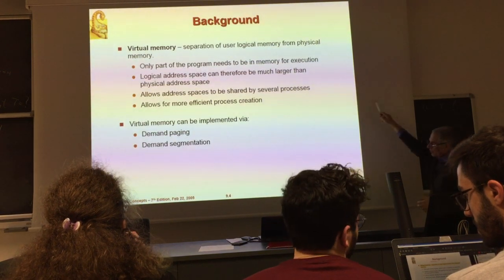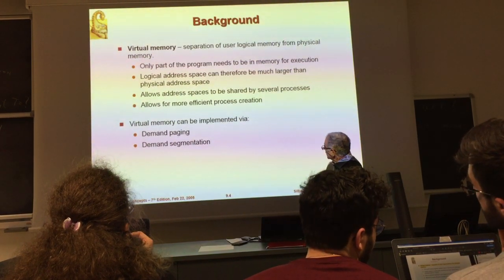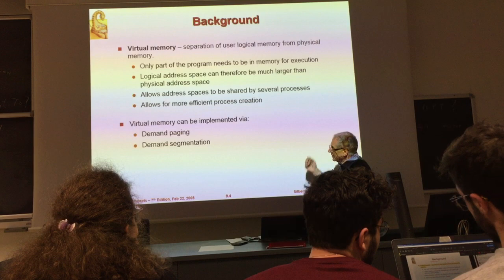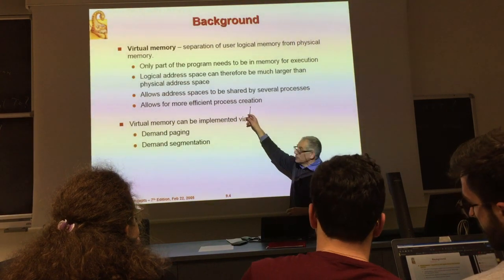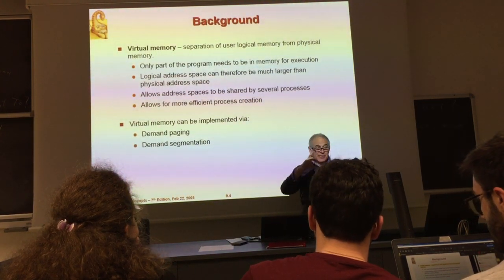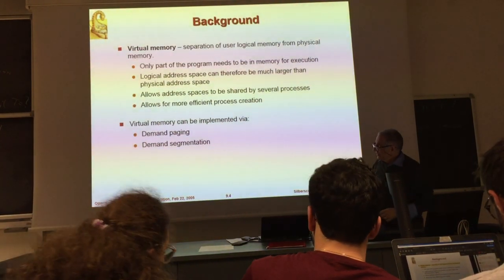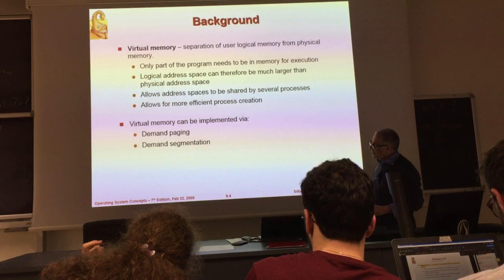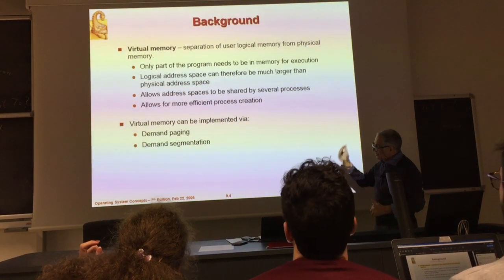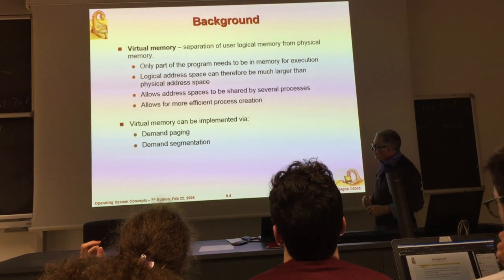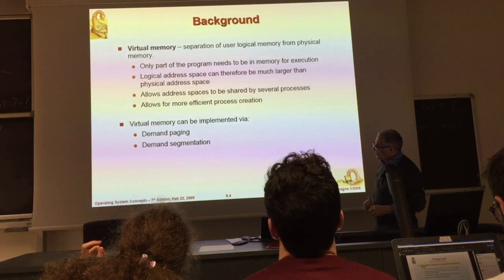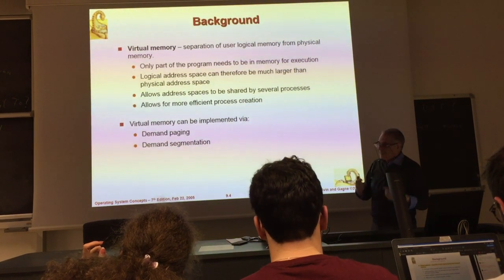Virtual memory also allows space to be shared by several processes and allows more efficient process creation. When we create a process, we don't need to copy all the data, but just the parts that are needed for running the process, for what is called a warm start.